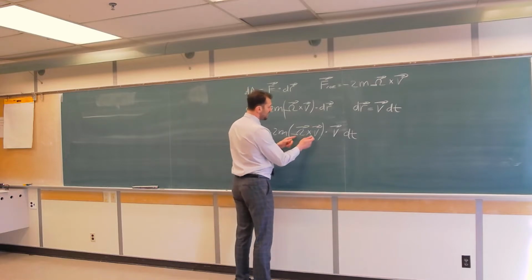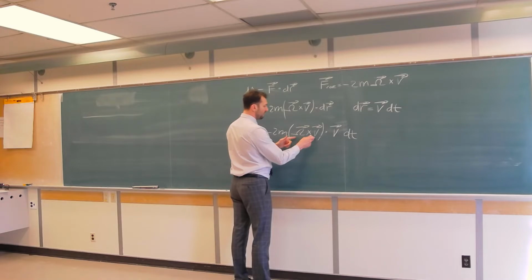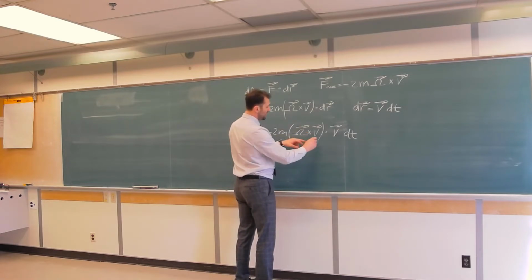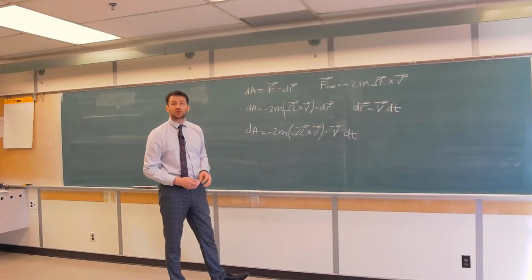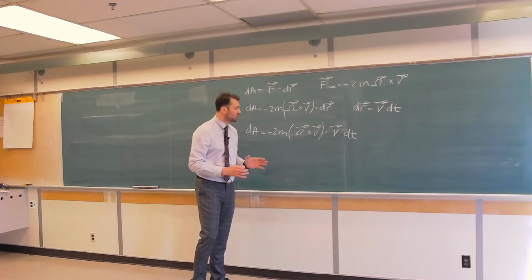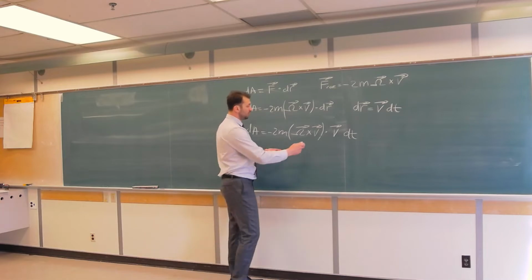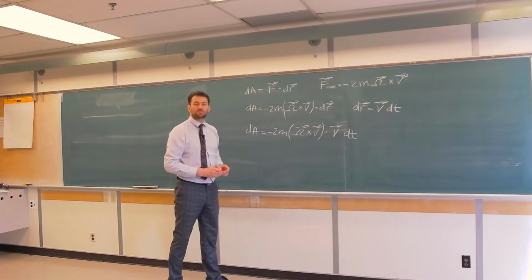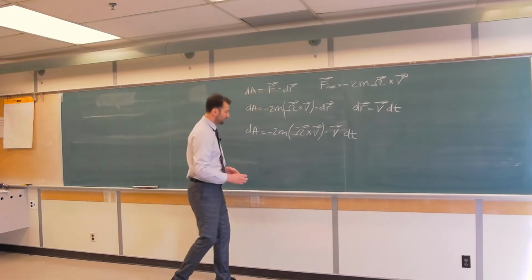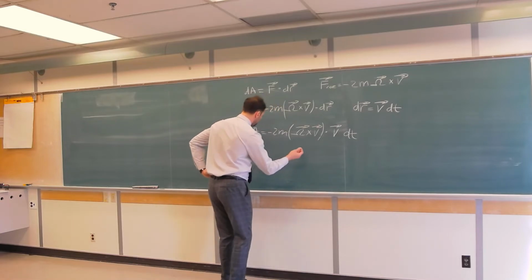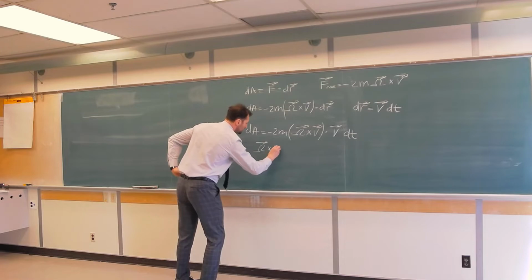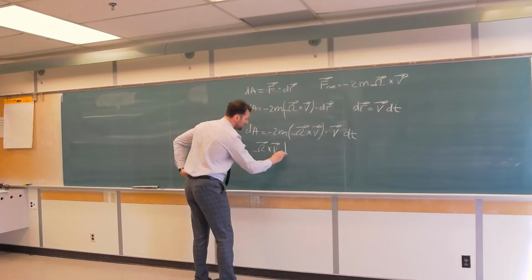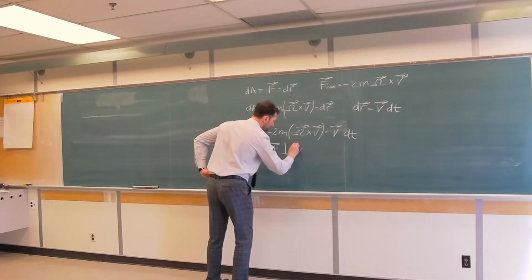So this vector is perpendicular to both omega and v, and then that vector is dotted with v, and that dot product has to be 0 because dot product between perpendicular vectors is 0. Namely, what I'm saying is that omega cross v is perpendicular to v.